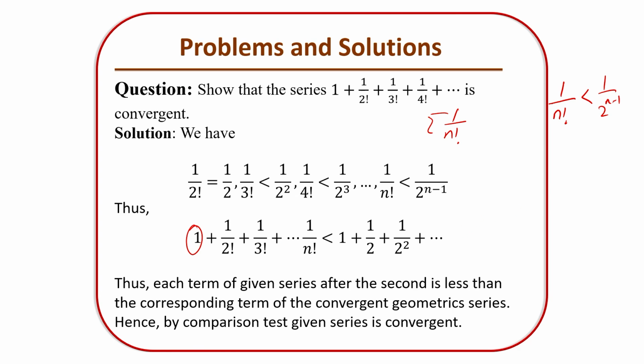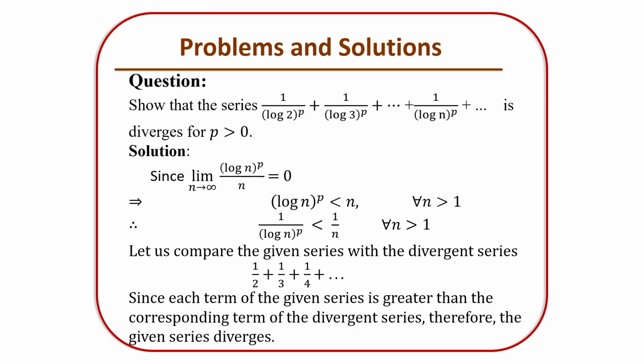So clubbing all those, the left hand side is less than 1 plus 1 by 2 plus 1 by 2 squared plus 1 by 2 cubed plus 1 by 2 to the power 4 and so on, right? Thus each term of the given series after the second is less than the corresponding term of the convergent geometric series, and hence by the comparison test the series is convergent, right? So it is a converging series, because its sum is less than 1 by 2 to the power... that is, the geometric series converges.